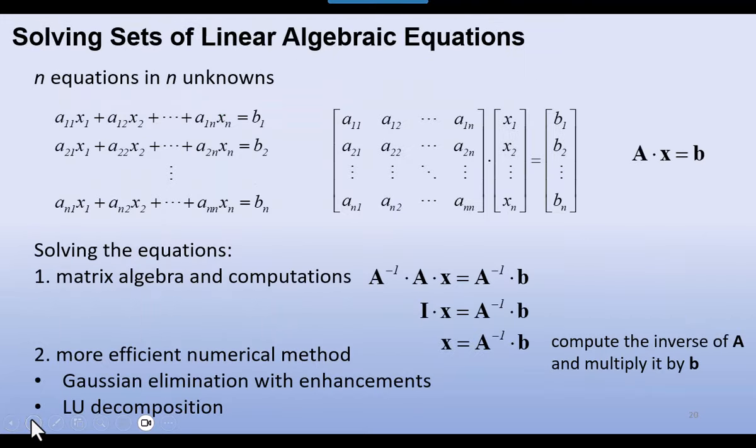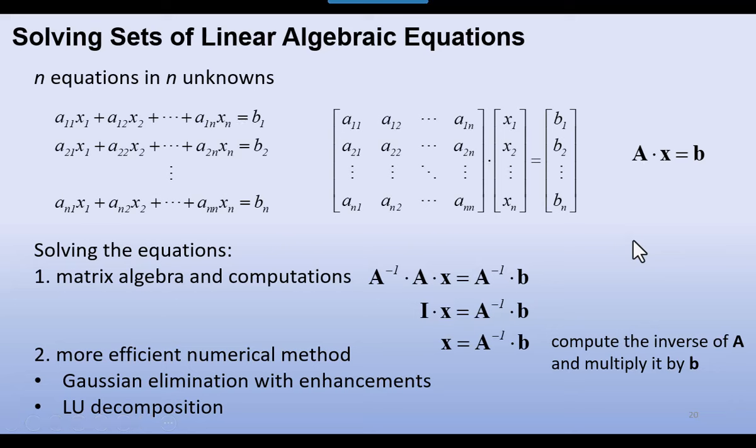One way to do that is to take this equation up here and pre-multiply both sides by the inverse of A, and that gives us an identity matrix times x, which is essentially the same as x, and then A inverse times B, so we can compute the solution by computing the inverse of A and matrix multiplying it by the B vector.